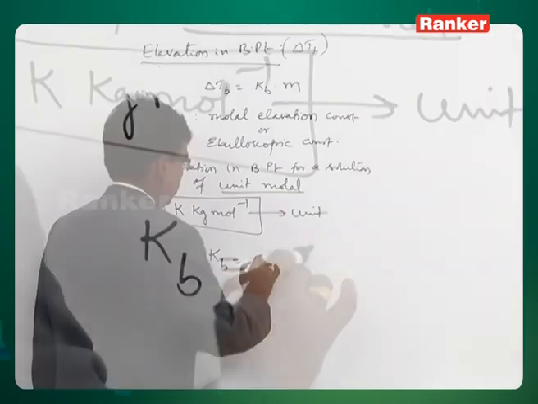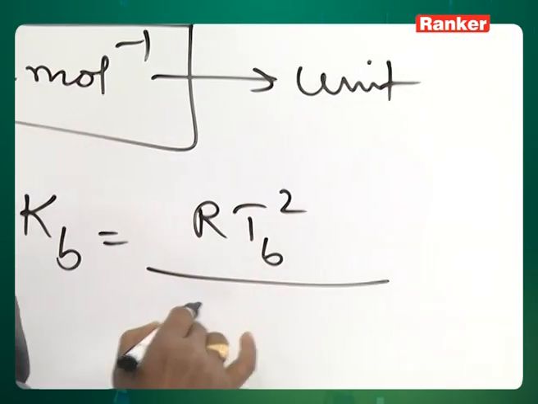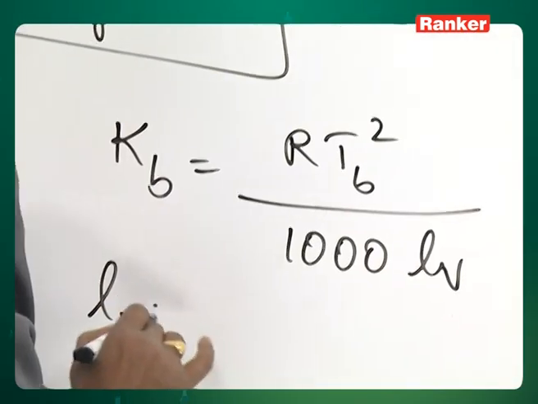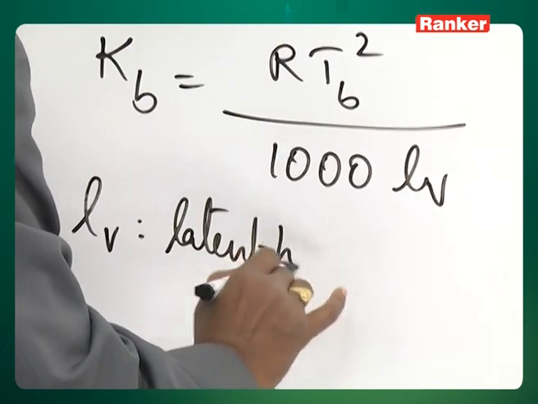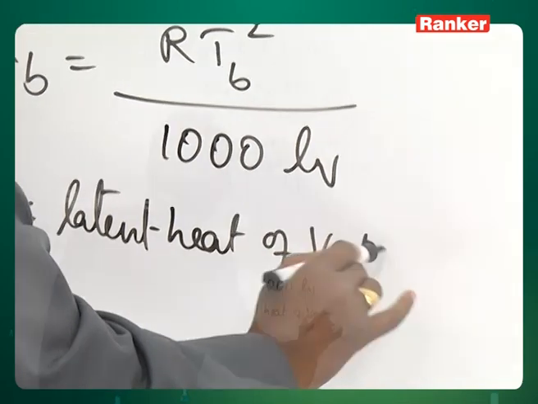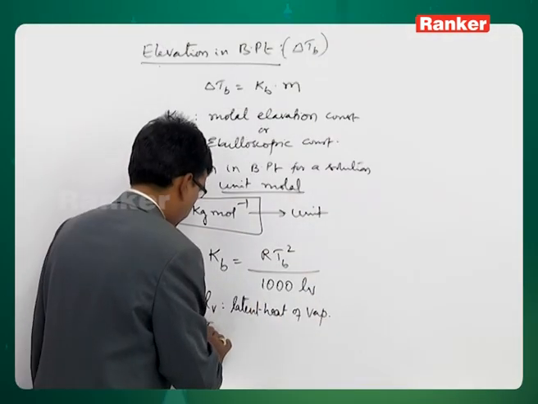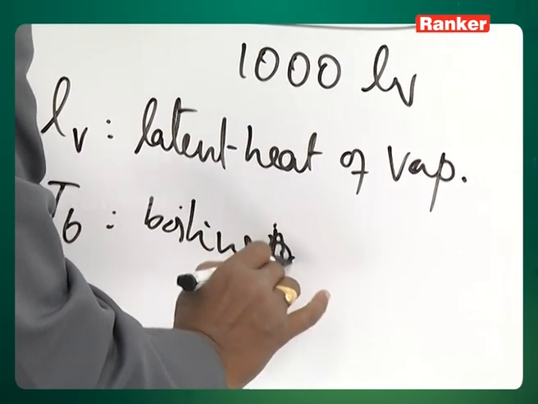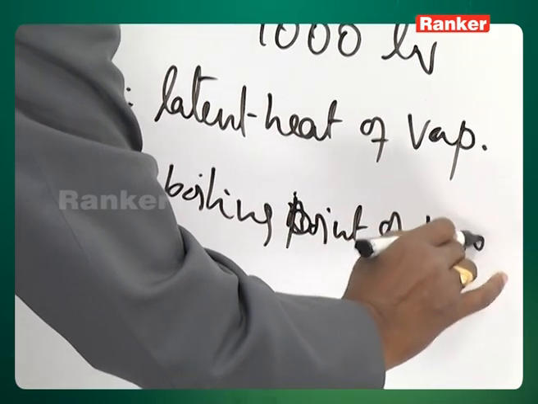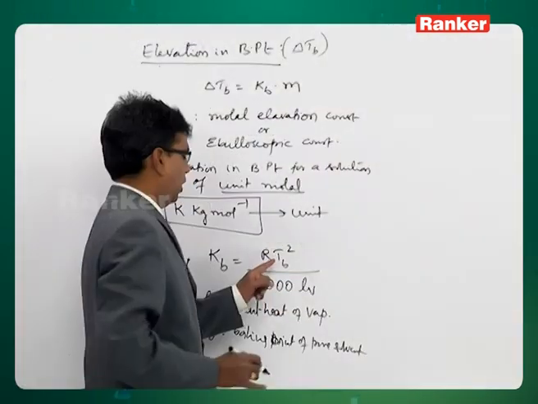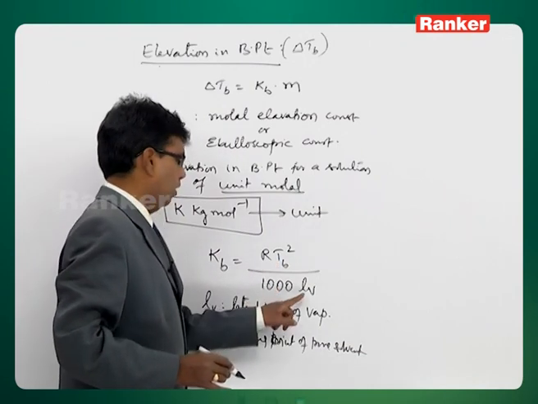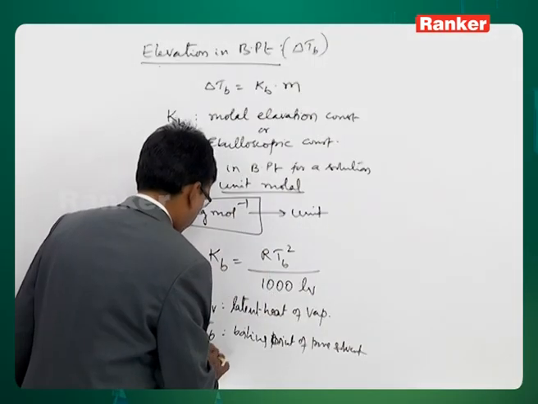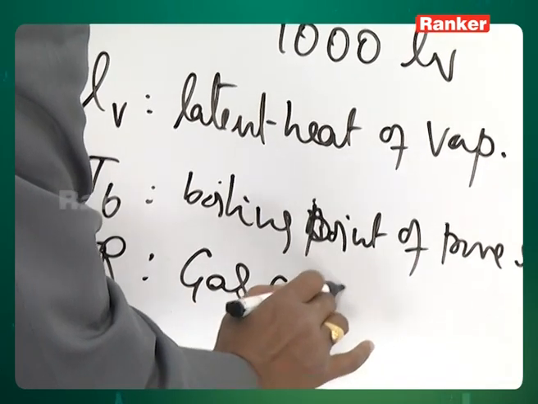Kb is equal to R Tb square by 1000 Lv, where Lv is latent heat of vaporization. R is gas constant, Tb is the boiling point of the pure solvent. Tb is the boiling point of the pure solvent, Lv is the latent heat of vaporization, R is of course gas constant, right.